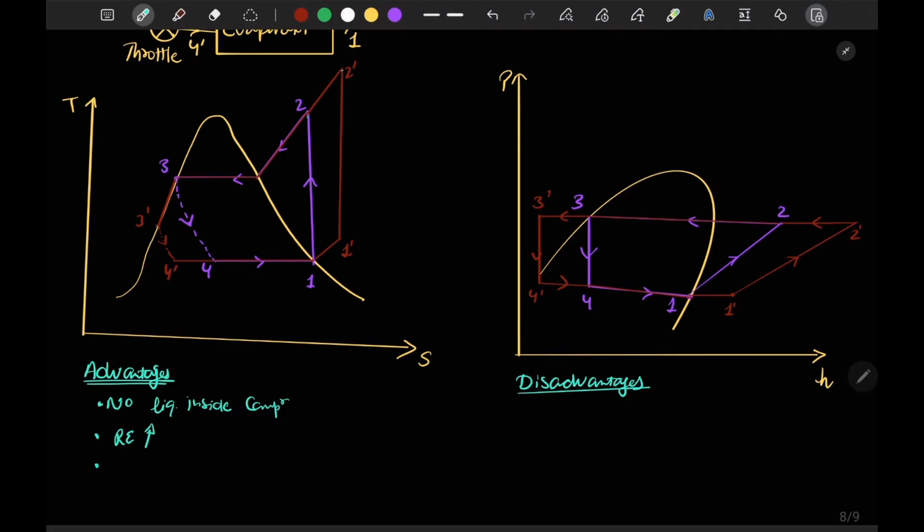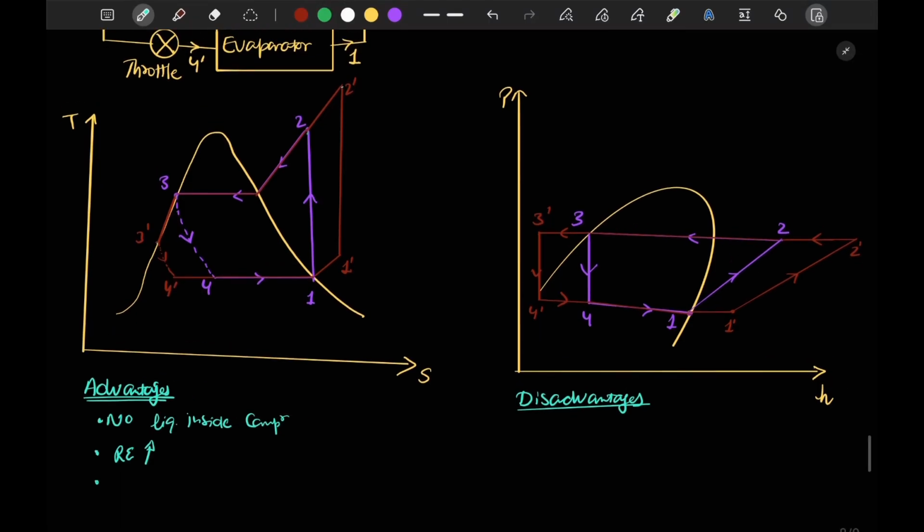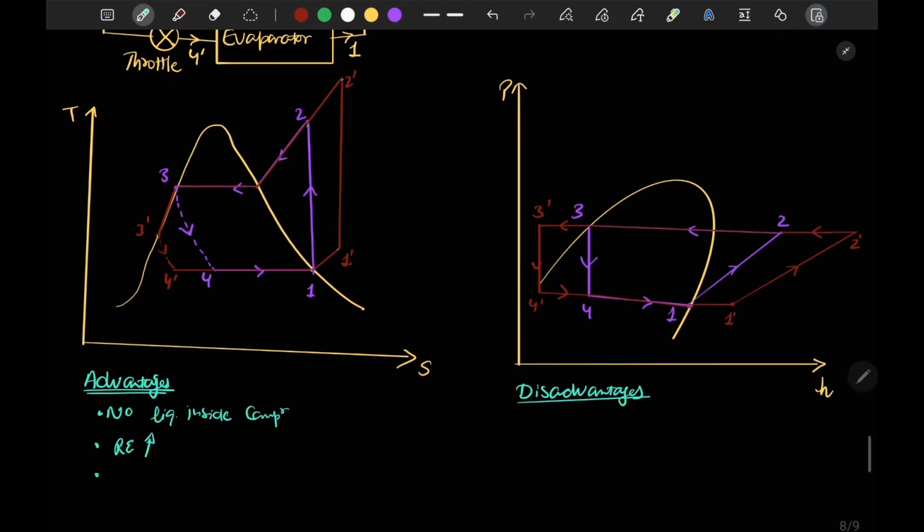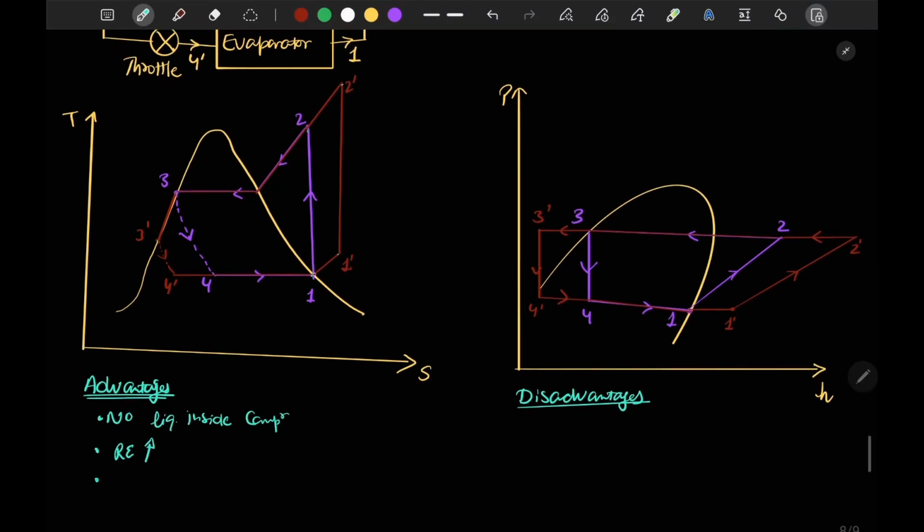Now if we talk about the next point, if point 1 to point 1 dash is done inside your evaporator, in case of superheating in your evaporator, this h1 minus h1 dash process, this heat transfer will take place at a higher temperature.